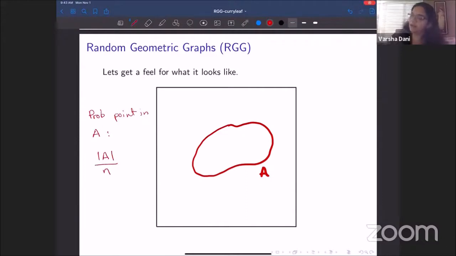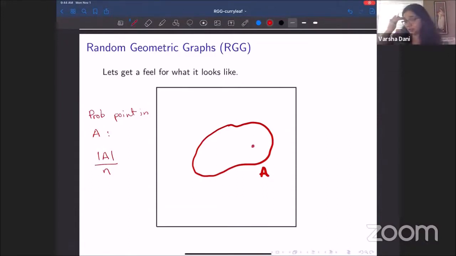It's how much of the area of A represents all the points that you could pick in A, and n represents the measure of all the points you could have picked out of. So if you pick a random point in the whole square, the probability that it lies in A is area of A over n.